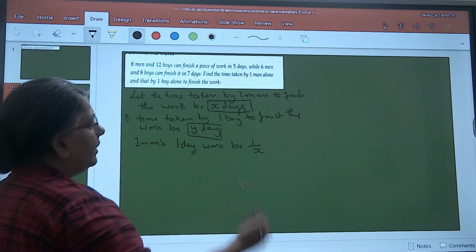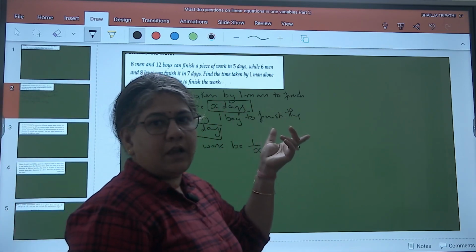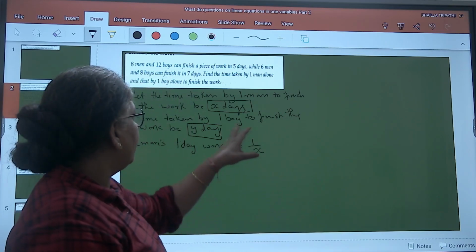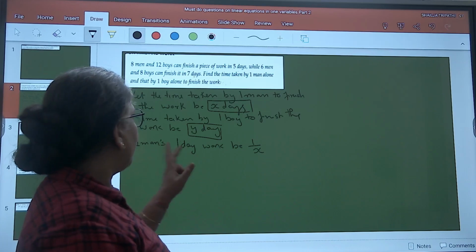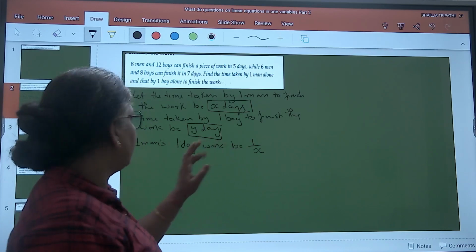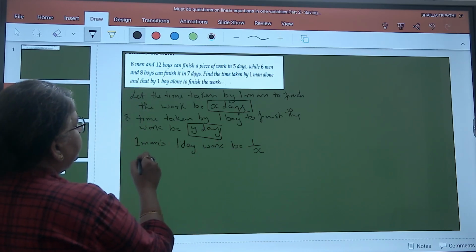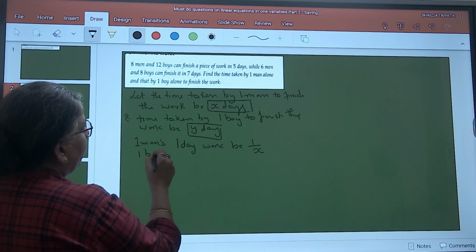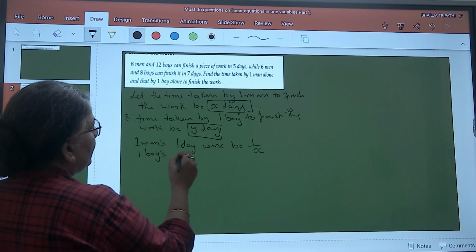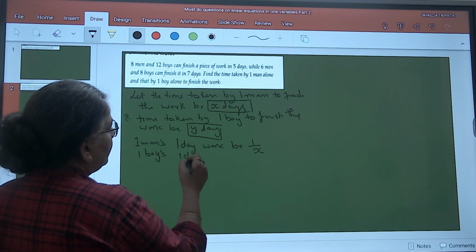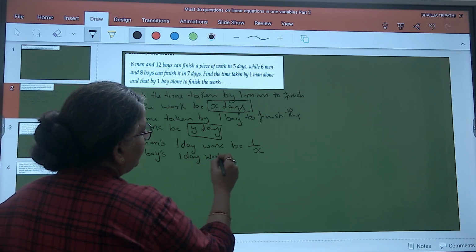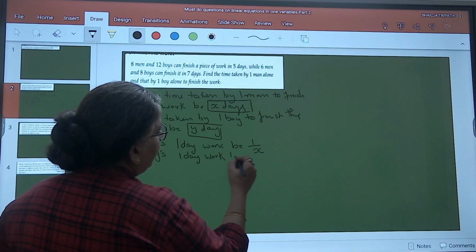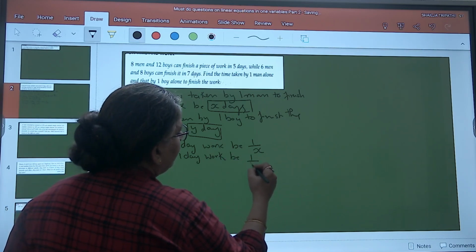So he is completing the whole work in x days, so the part of work completed in 1 day will be 1 upon x. Similarly, one boy's 1 day work will be 1 upon y.